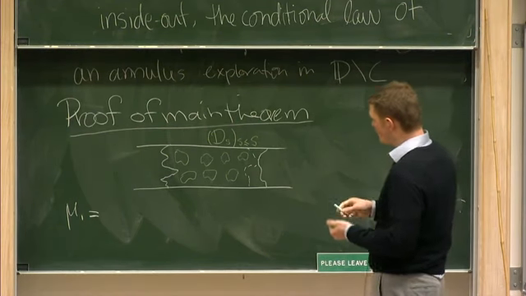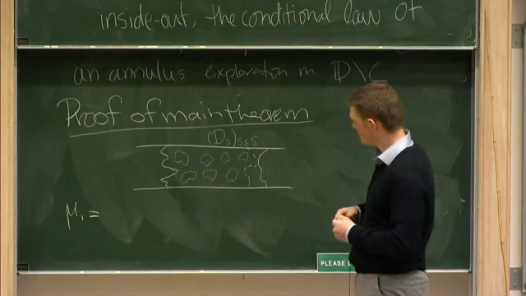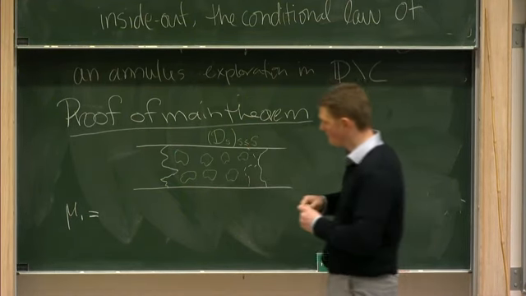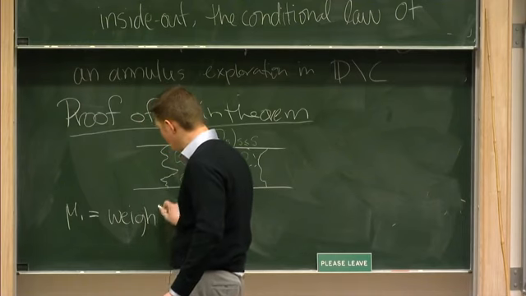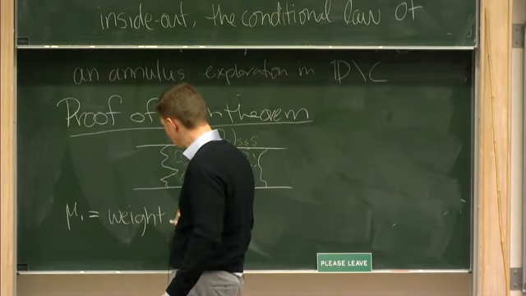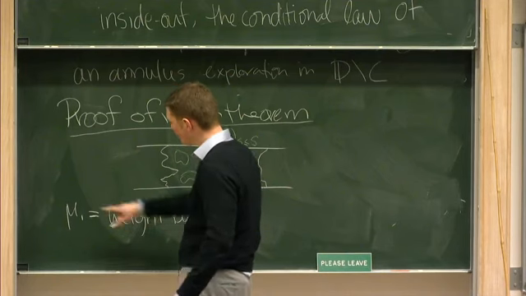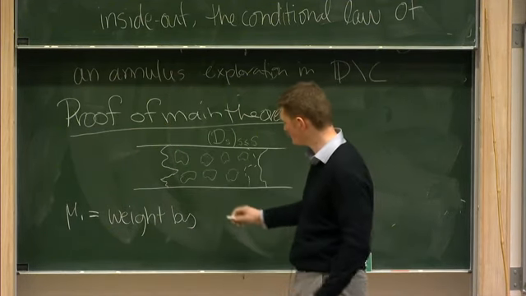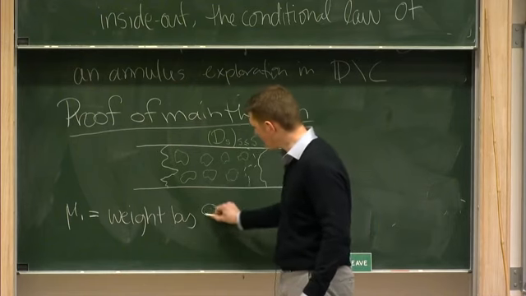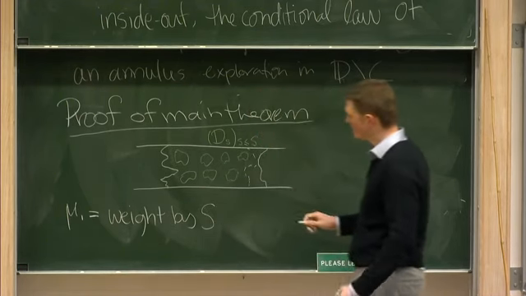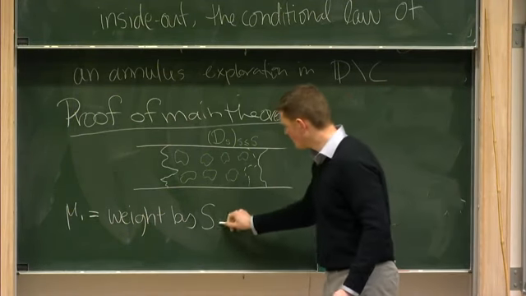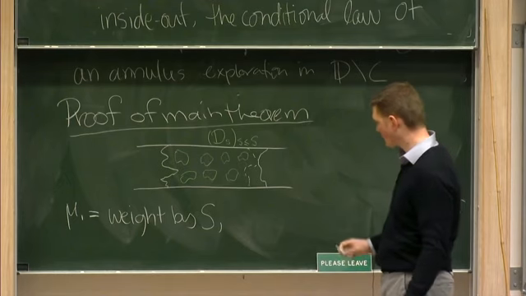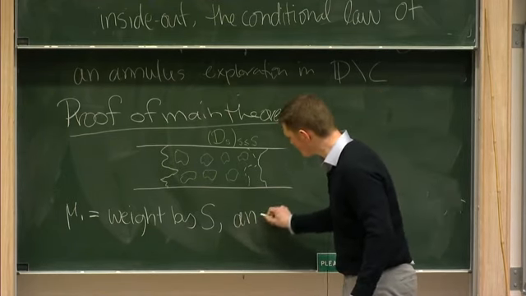So mu1 is going to be the law that you get by first doing this, and then weighting the probability measure. We're going to weight by capital S. So we sort of extended it by exploration time in this direction.